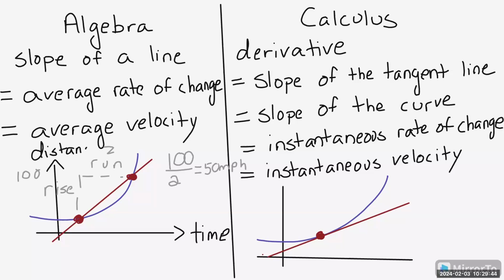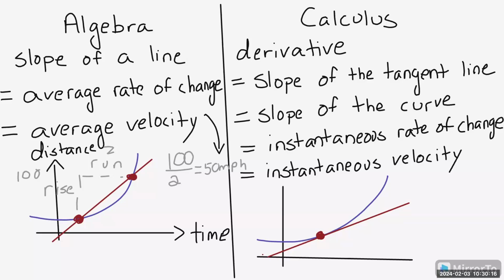Distance over time. What calculus does is it allows us to be more specific. So with my algebra, I drove 100 miles in 2 hours. That means my average velocity was 50 miles per hour. Even though my average velocity was 50 miles per hour, that doesn't necessarily mean that I was driving 50 miles per hour the entire 2 hours, right?